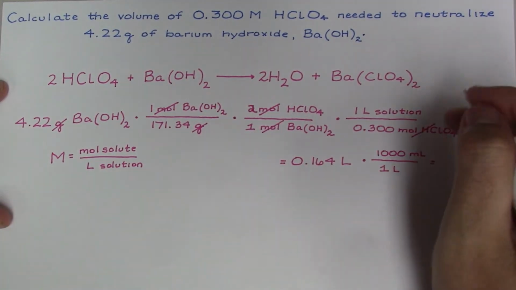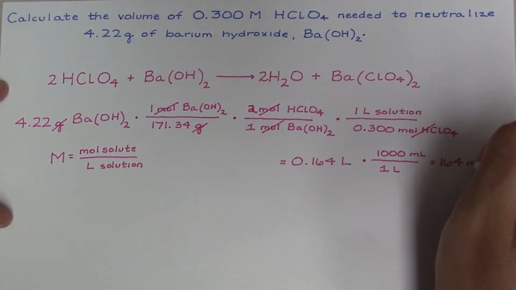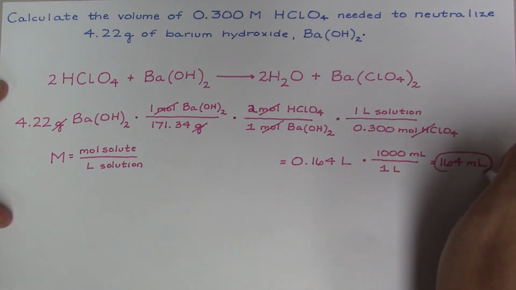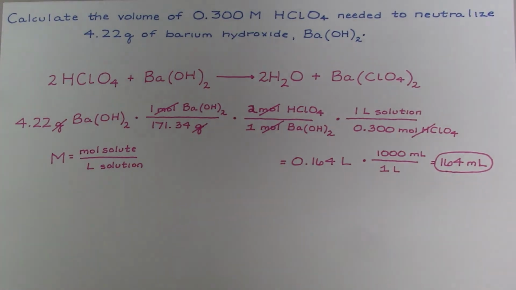So we will receive a volume of 164 milliliters of our HClO4 acidic solution. In this problem, we had to go from grams to moles, then moles to moles using our balanced chemical equation, and finally, the definition of molarity to determine a volume. Then finally, what we ended up doing was converting to milliliters.